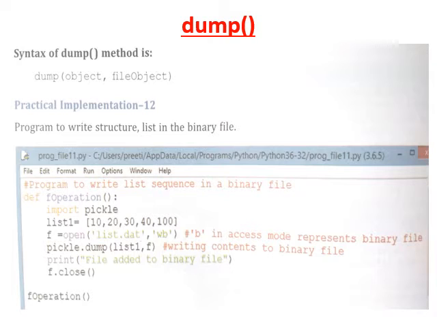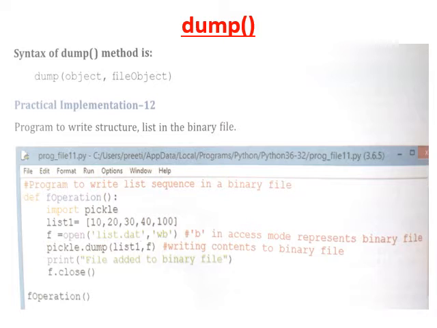So the print statement is included with the message as file added to binary file. In fact, it should be data added to binary file. We are not adding any file to a binary file, we are creating a binary file. So we must write print data added or list data added to a binary file. The message should be meaningful.